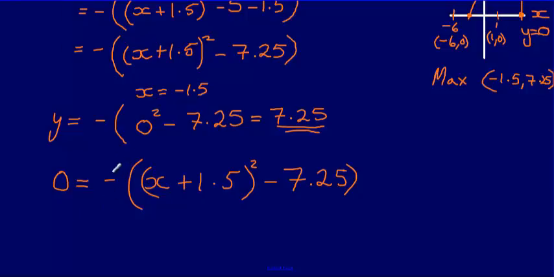And so to start with this, I'm going to first of all get rid of this factor of -1 that I've had the whole time. So I'm going to divide through by -1, and that's just going to give me 0 will be equal to (x plus 1.5) all squared minus 7.25.